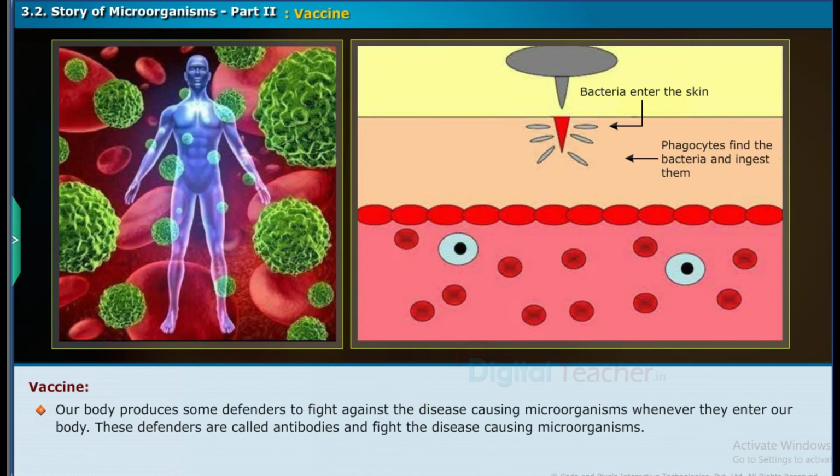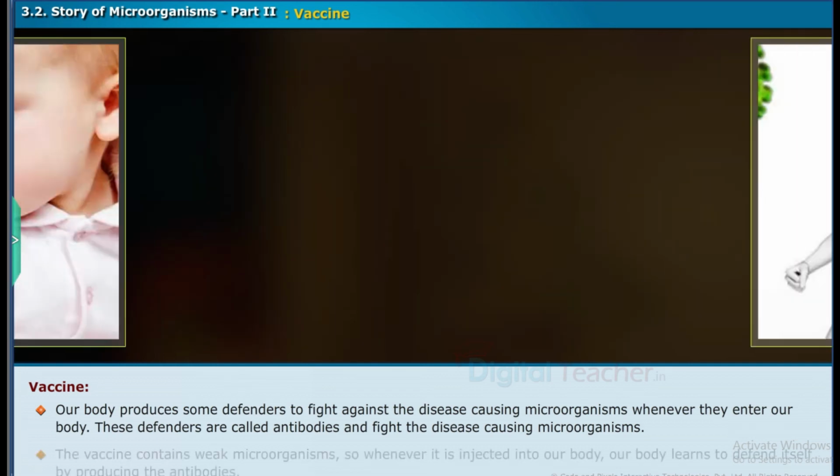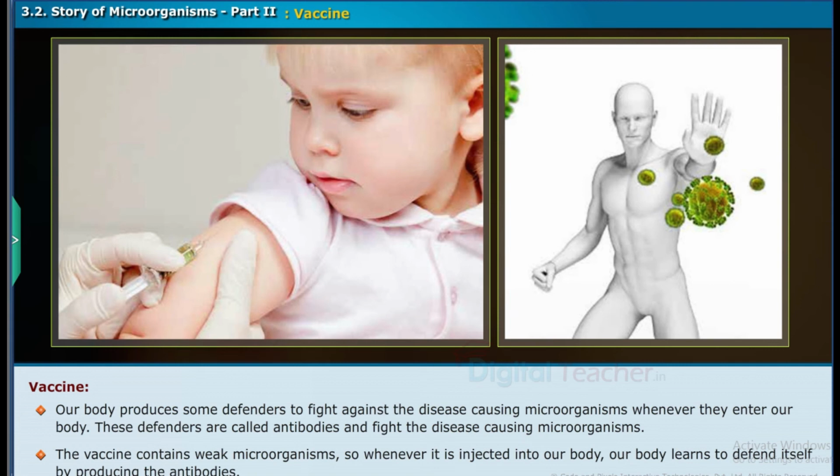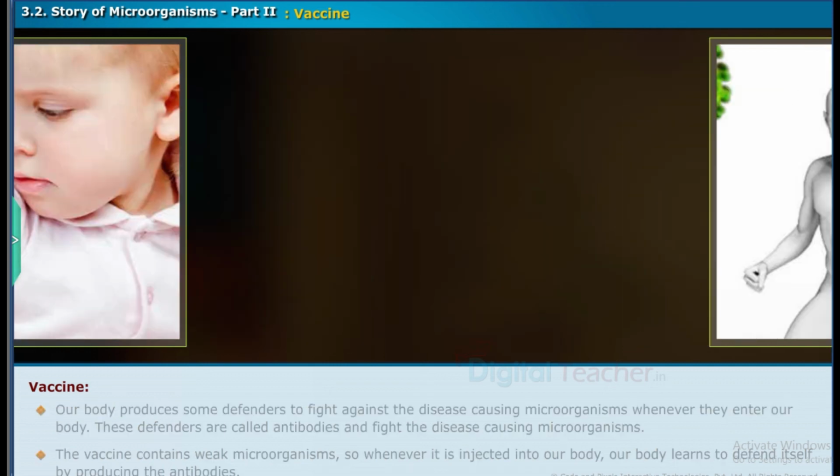Our body produces some defenders to fight against the disease-causing microorganisms whenever they enter our body. These defenders are called antibodies and fight the disease-causing microorganisms. The vaccine contains weak microorganisms, so whenever it is injected into our body, it learns to defend itself by producing the antibodies.